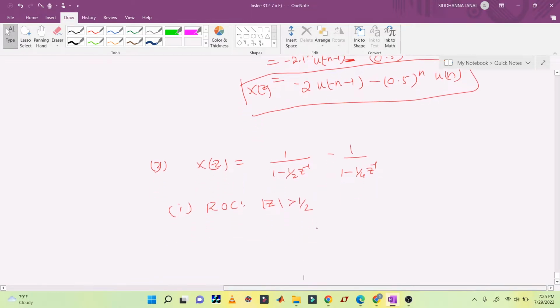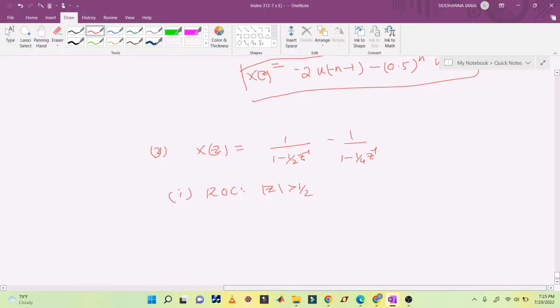Let us draw. What are the poles here? One pole is 1 by 2, another is 1 by 4. How to find them? This sometimes confuses some people, so I will write it here. What are the poles?